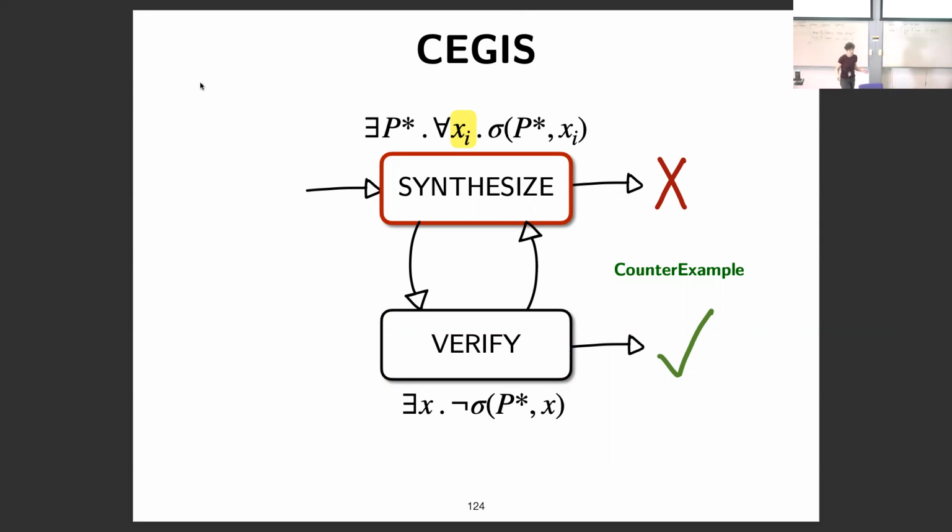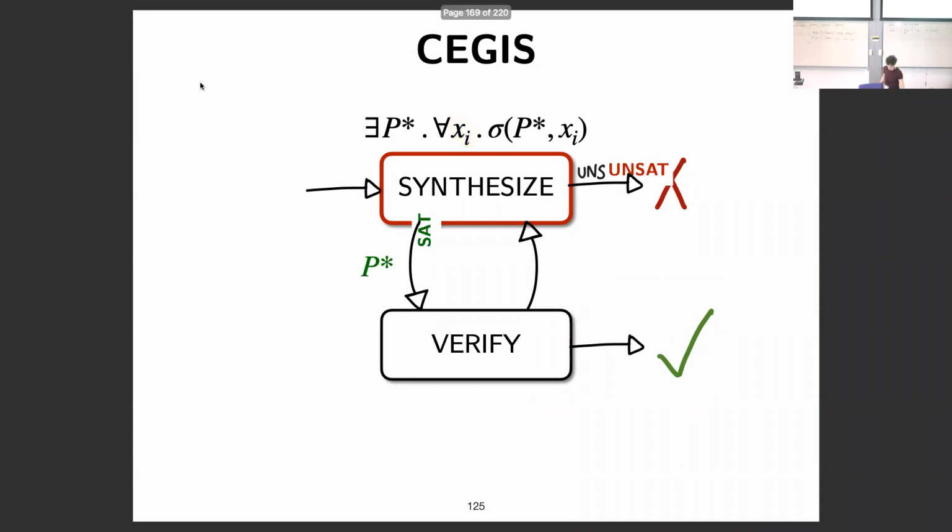What this is doing is breaking down a second order formula that we couldn't solve into some slightly simpler formula that we can solve. If this list xi of counterexamples we've seen is finite and hopefully small, then we can turn this for all into a conjunction, which means this is a formula that we can actually solve. Sorry, this slide is a mess.